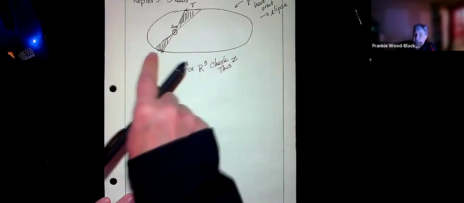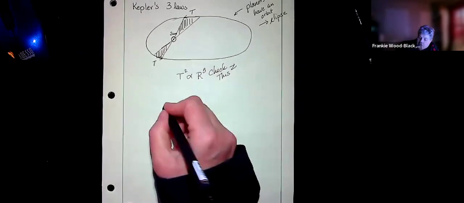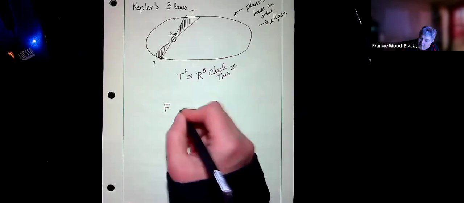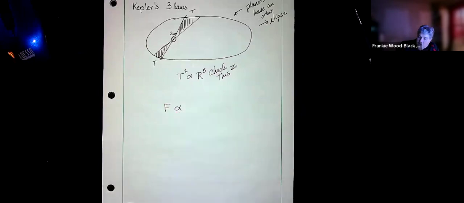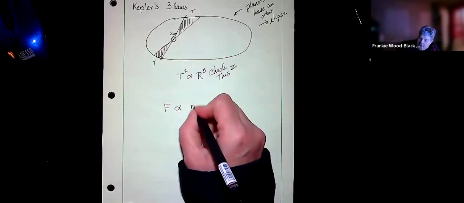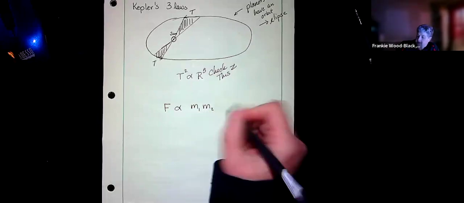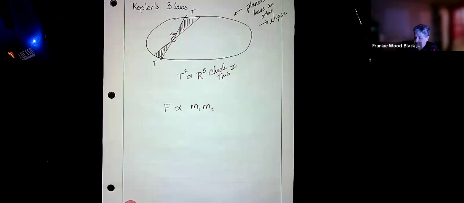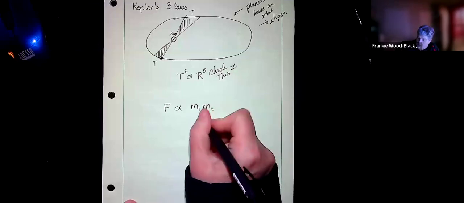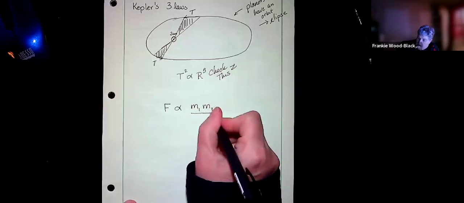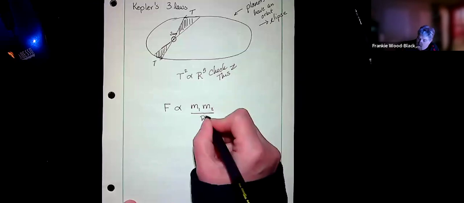But what this did is, when Newton starts to go back, he comes up with this law that the force is going to be proportional to the mass of one object times the mass of a second object divided by r squared.